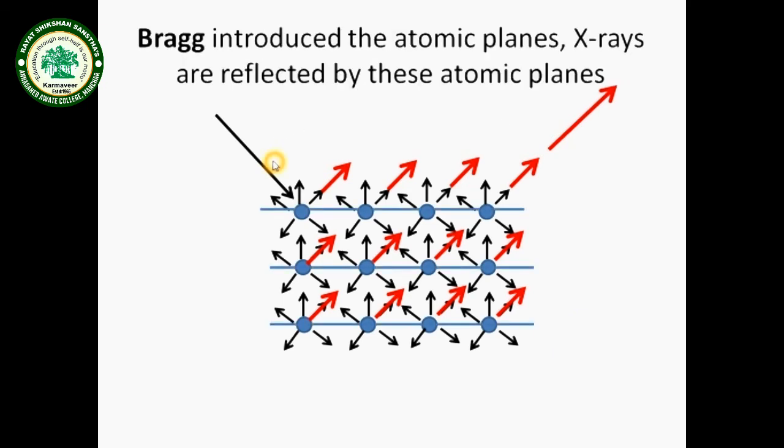This was the idea of Laue. But this Bragg was really intelligent. The analysis of diffraction produced by the crystal became very easy by the concept which was introduced by him. And he said that the X-rays are reflected by these atomic planes. So he used the word reflected.